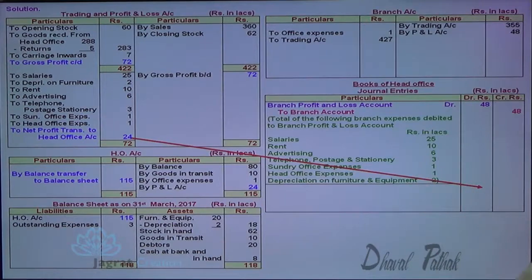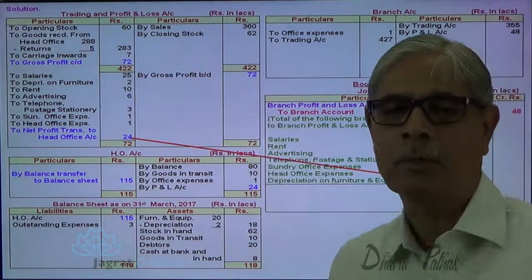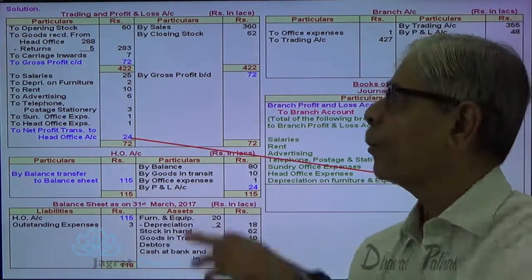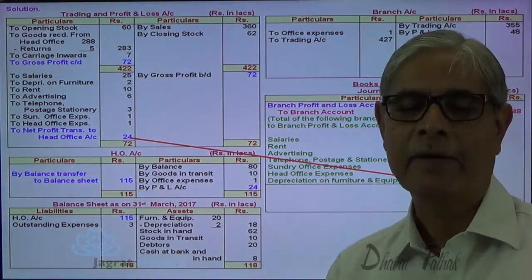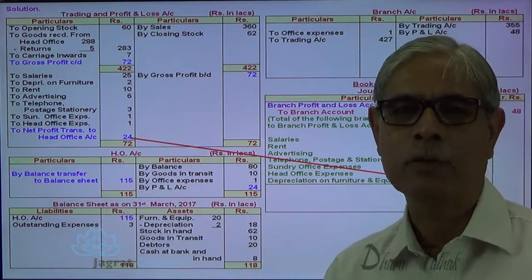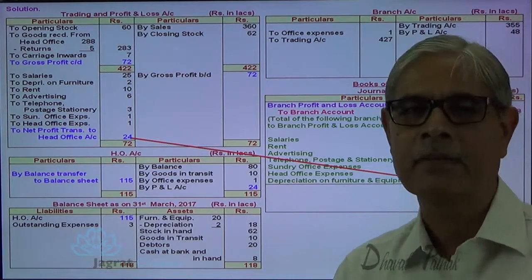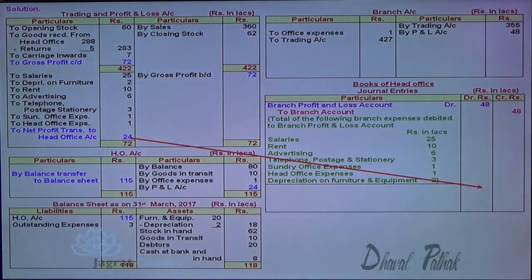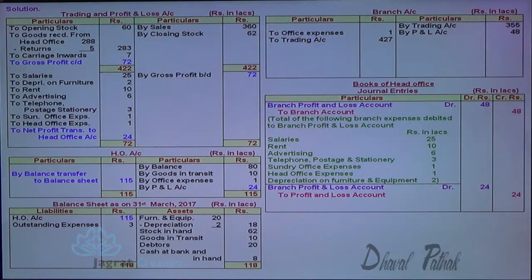Now, there are no items on the credit side other than gross profit, for which the entry is already recorded. Had there been any income, I would have recorded the entry: branch profit and loss account to be credited, branch account to be debited. But in this sum, that question is not there. So branch profit and loss account debit to general profit and loss account credit, 24.